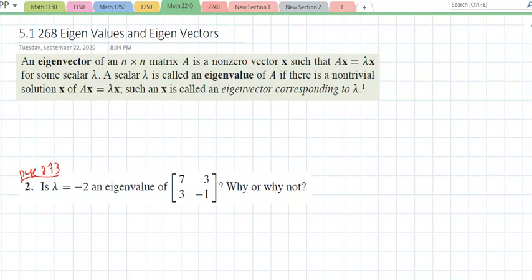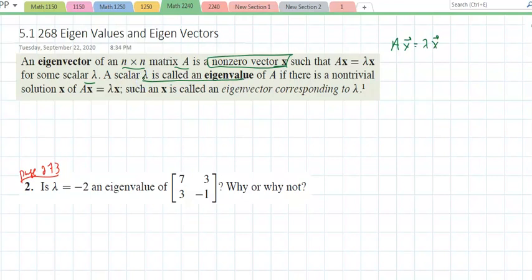So an eigenvector of an n by n matrix A, a square matrix, is a non-zero vector x such that Ax equals lambda x. Well, obviously, if you let x equal 0, those are equal. For some scalar lambda, the scalar lambda is called the eigenvalue.